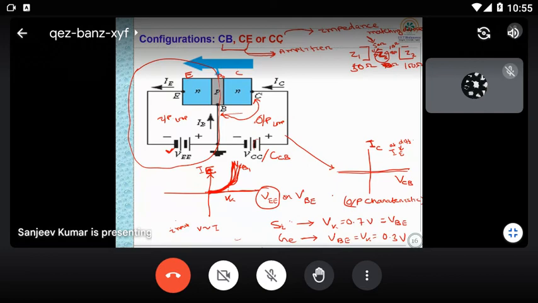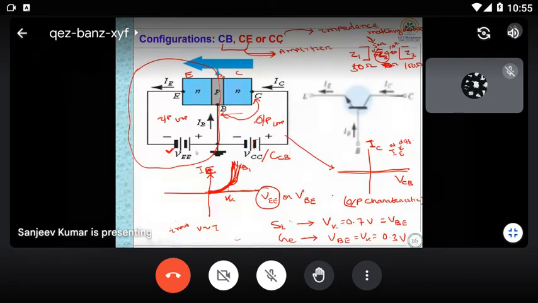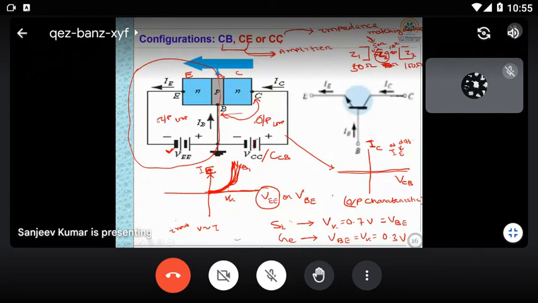So first, for the input loop, this is common base, so you have to see the input loop here.